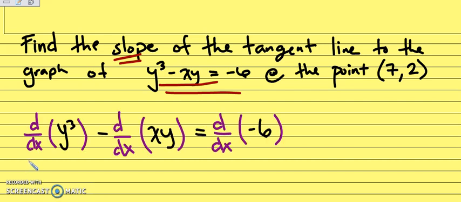So when we take the derivative of y cubed with respect to x, we have this problem of taking the derivative of a variable y with respect to x. So you would differentiate y cubed like you normally would, so 3y squared, but you have to multiply with dy dx.